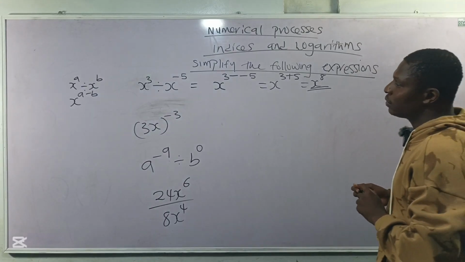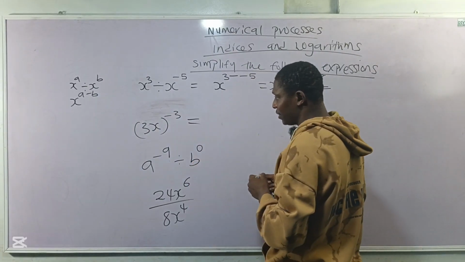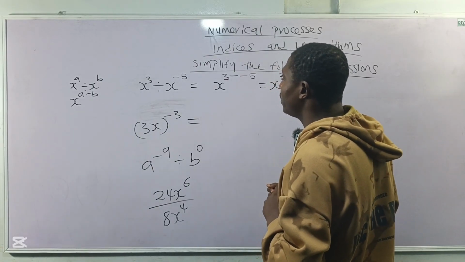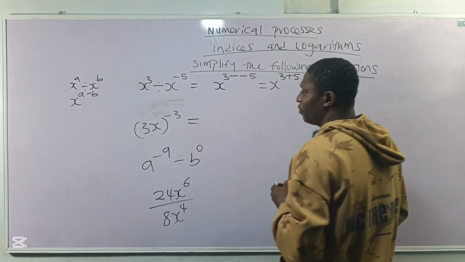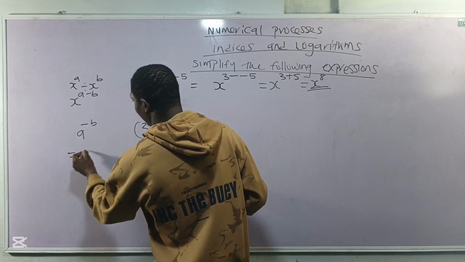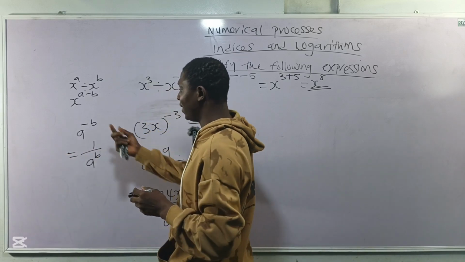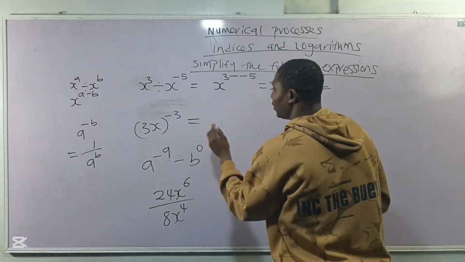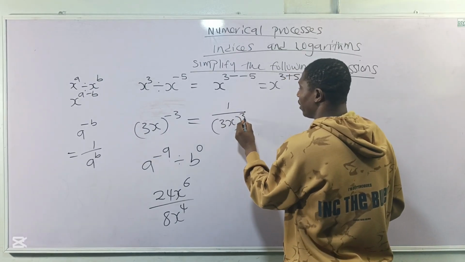Our second example here on the board is 3x close bracket raised to power minus 3. Solving this, the first thing I will do is to remove my negative sign. And remember, when a raised to power minus b, this is the same as saying 1 all over a raised to power b. So you take the reciprocal of the entire expression, then you remove the negative sign. So this becomes 1 all over 3x close bracket raised to power 3.